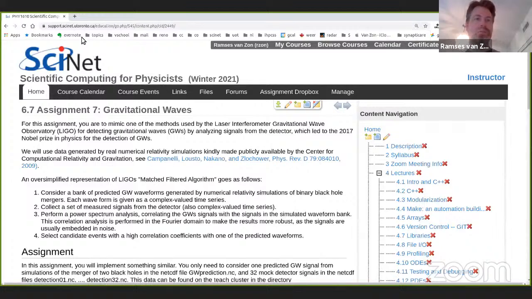Okay, so it's going to be about gravitational waves, the phenomenon whose detection led to a Nobel Prize in 2017, so fairly recently. What we're going to look at is how they analyze data coming from the LIGO observatory.